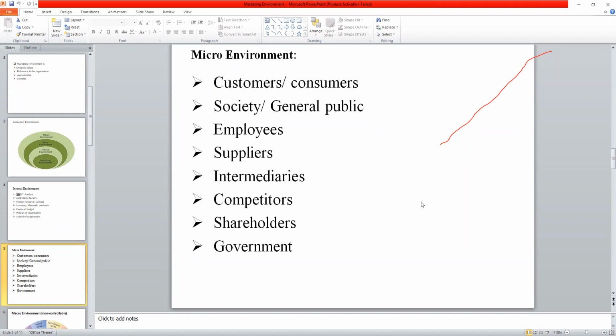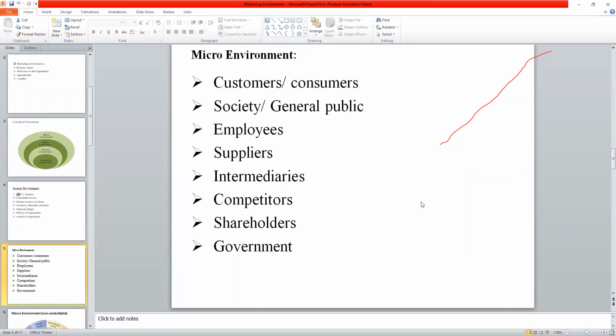So maybe in the next session, we will see about the political scenario, where the government is the core as far as such decisions are considered, and it has affected the business a lot because one cannot think of crossing these limits. The shop timings were fixed here. So the government also influences the marketing environment.